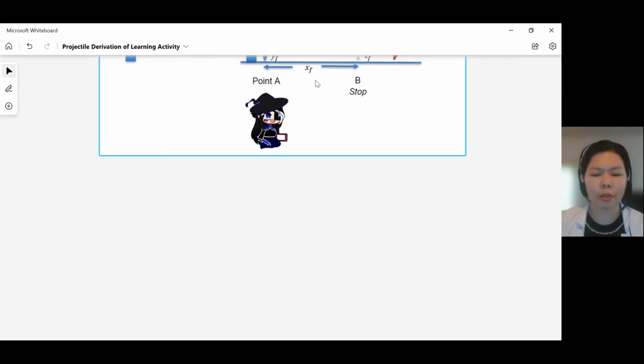So to derive the theoretical horizontal distance XF traveled by the water in projectile motion from the hole to the ground, we first recall the past lesson about the principle of conservation of mechanical energy, which states that the sum of an object's potential energy PE and kinetic energy KE is constant.